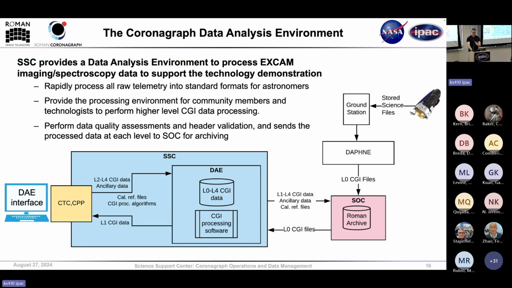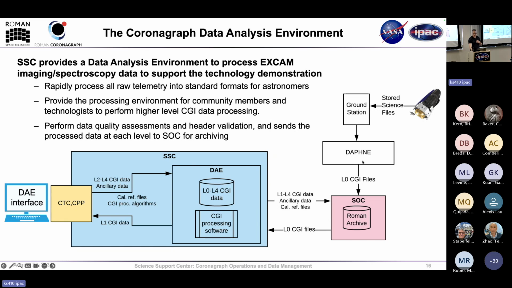So now I'll shift gears and talk about the data management system. That's really Alex's purview, so I'm speaking for her here. One of the main things that we do is provide a data analysis environment that allows users to come in and process the data, have access to the data, and deliver the processed versions of the data.